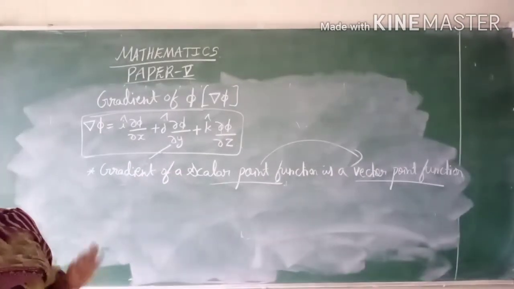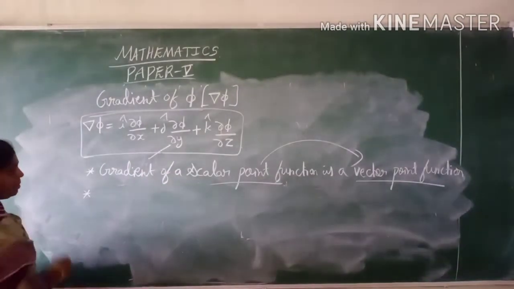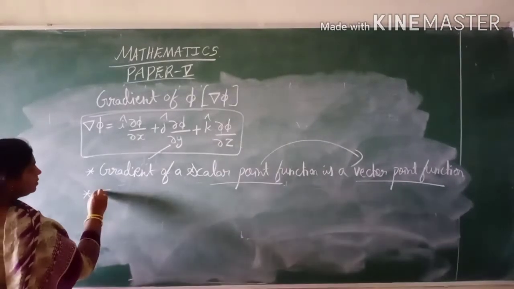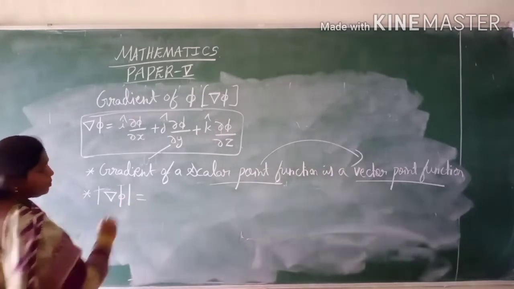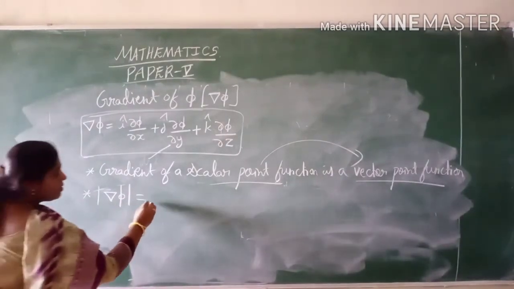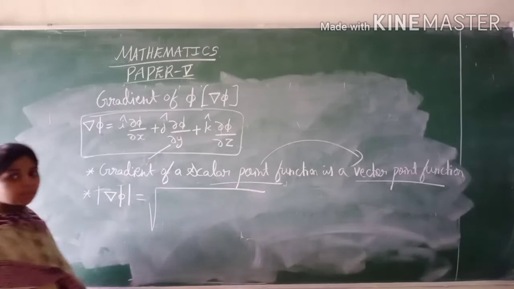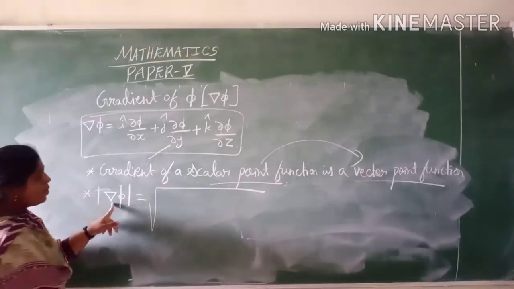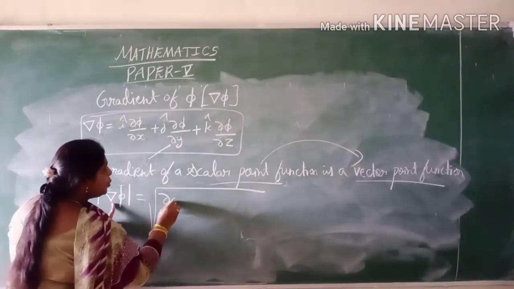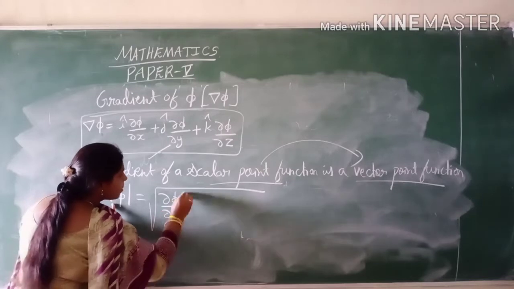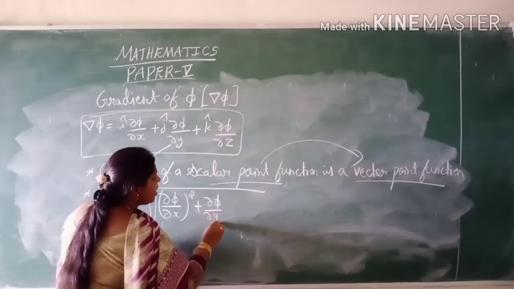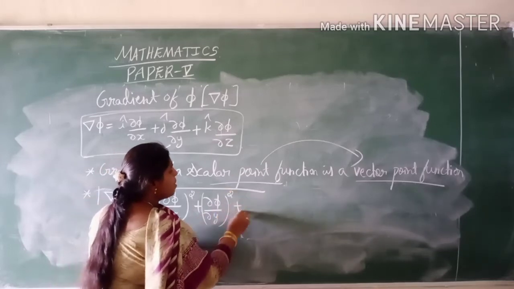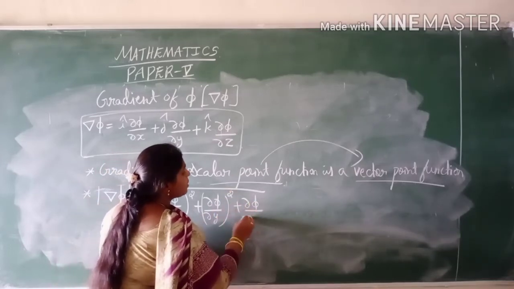Next, remember the modulus of del phi. How to find the modulus? It is the square root of (∂phi/∂x) whole square plus (∂phi/∂y) whole square plus (∂phi/∂z) whole square.